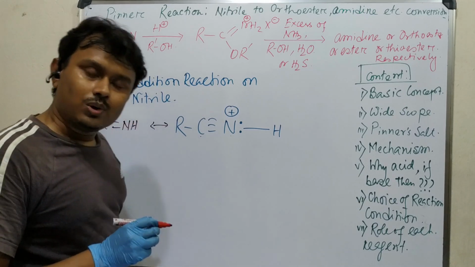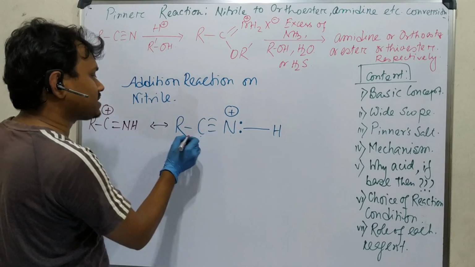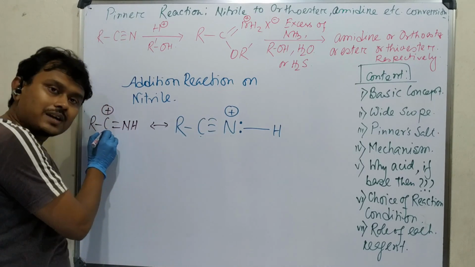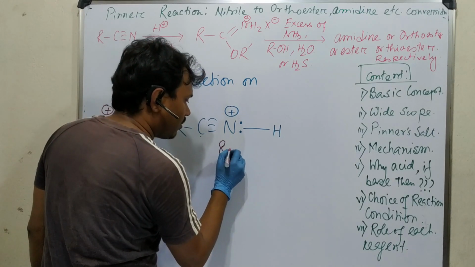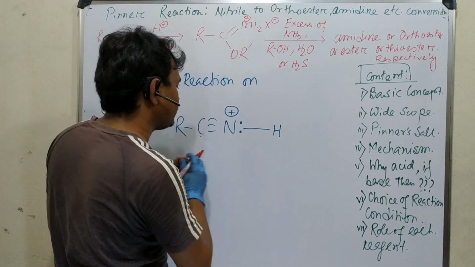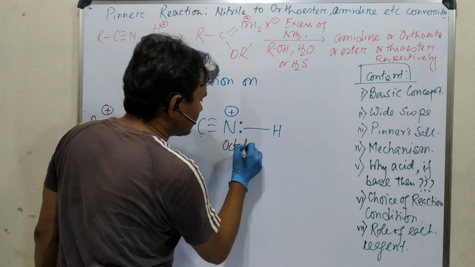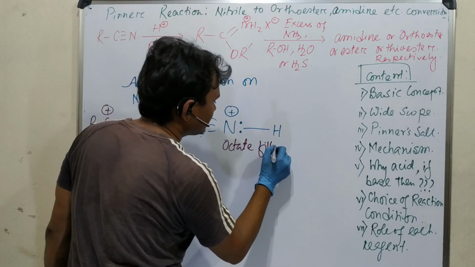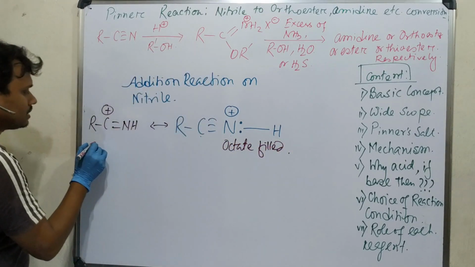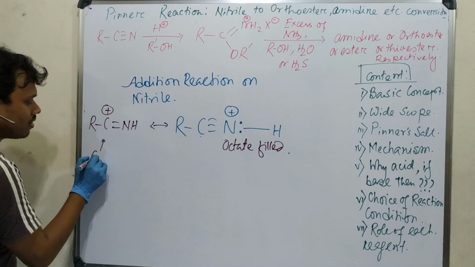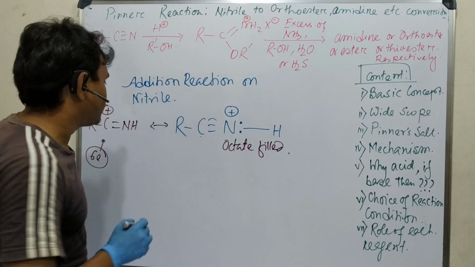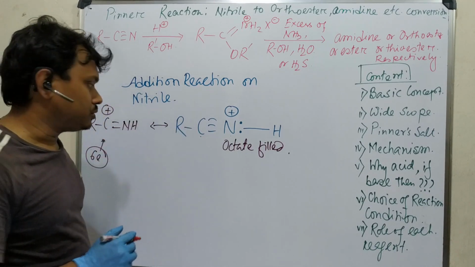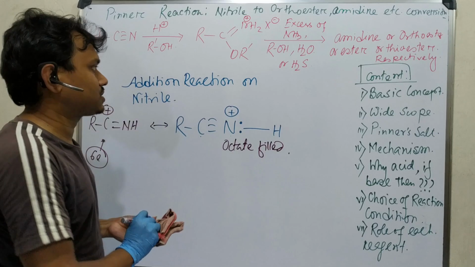Generally we know that the positive charge prefers to sit on the less electronegative atom. So here the octet is filled, but here there are only 6 electrons, though the positive charge is on the less electronegative atom like carbon. So both have significant contribution and both are responsible for the reaction.